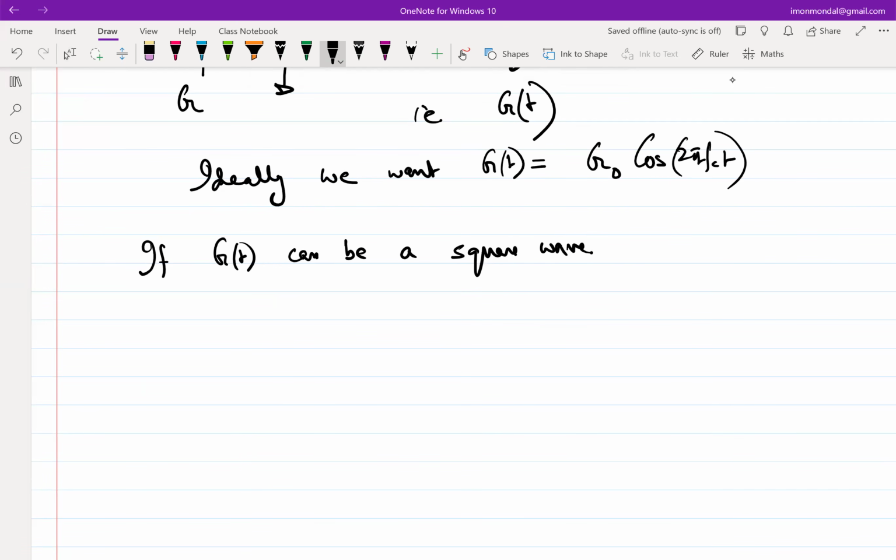What I'm essentially saying is that if this is a square wave, g of t can be maybe some g1 here and g2 here, and it periodically does this, right? So what is the easiest way to generate this?